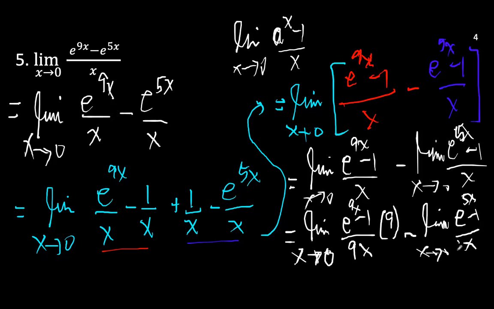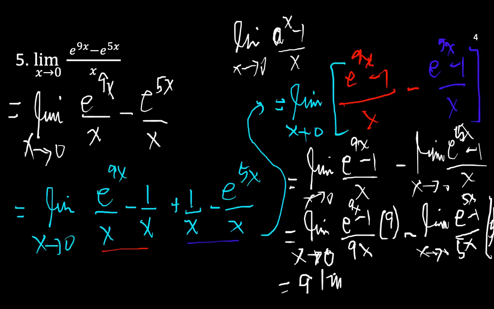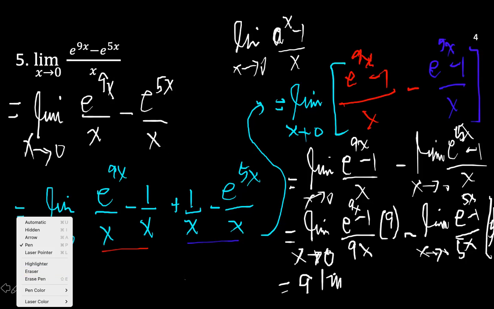Since this is 5x, I can multiply the denominator by 5x and multiply the numerator by 5, such that it's just like multiplying by 1. So I can factor out 9. I think we don't have space anymore, so we can write our next step on the next slide.